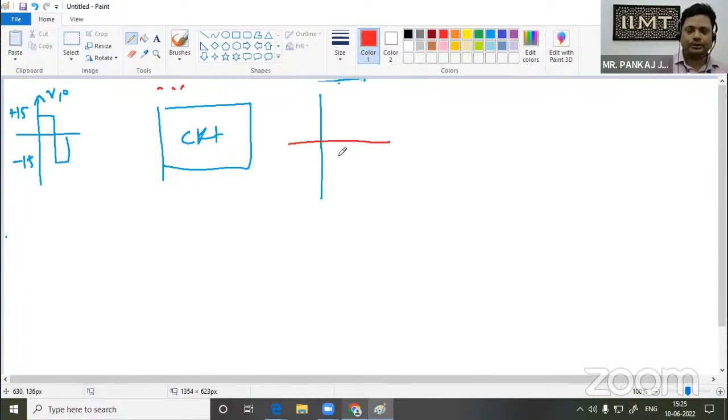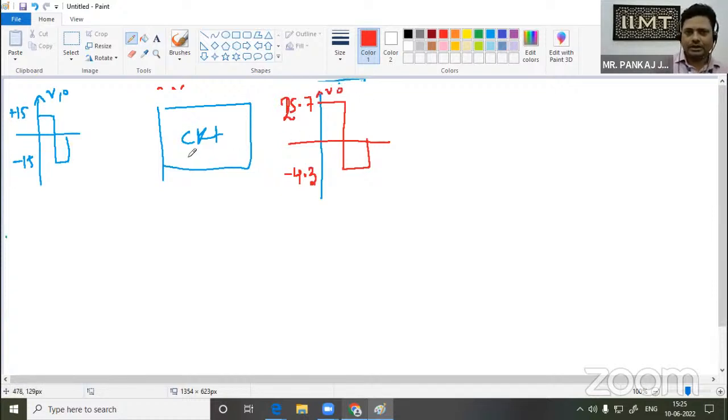The output is varying from minus 4.3 volt to, sorry, 25.7 volt. So here the difference is 30 volt. Here also I think the difference is 30 volt.